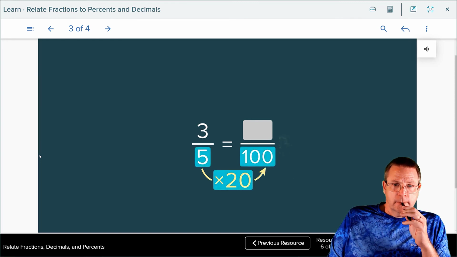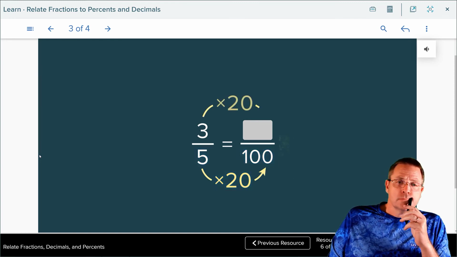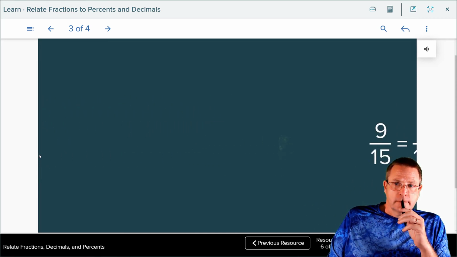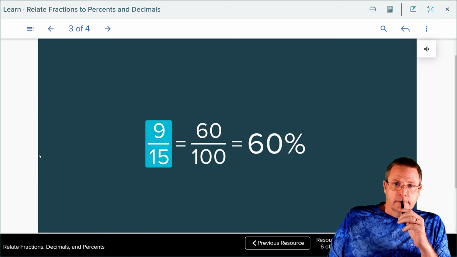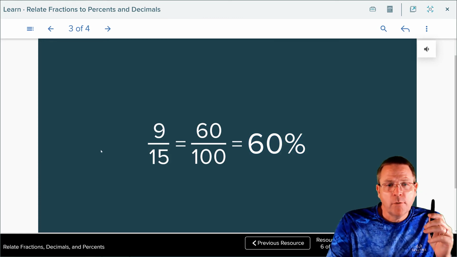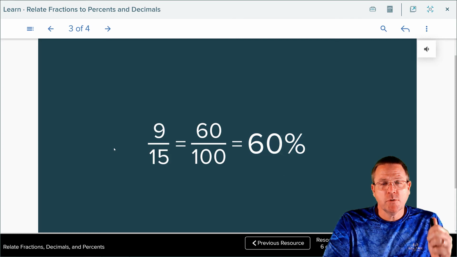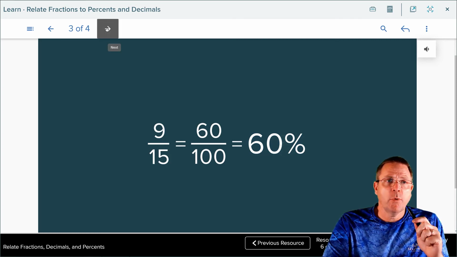Since 5 times 20 equals 100, multiply 3 by 20. 3 times 20 equals 60. 9/15 written as a percent is 60%. Did that look familiar to you? It should, because that's really similar to what we did in the last chapter when we were dealing with rates and ratios.